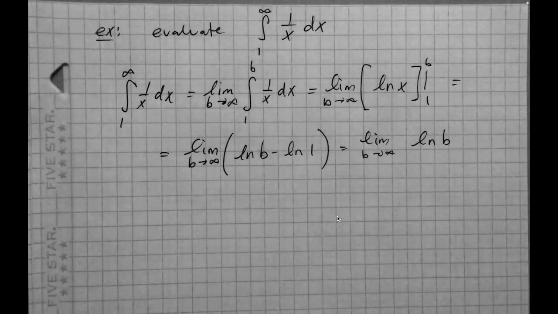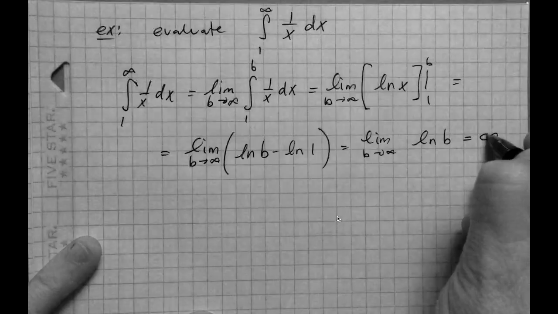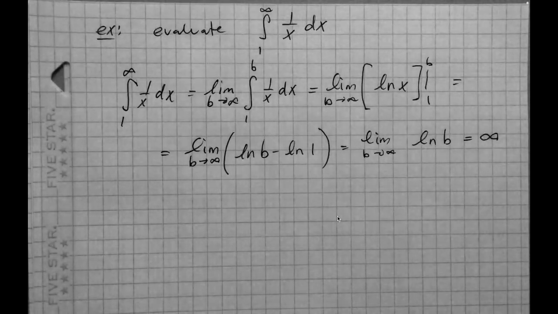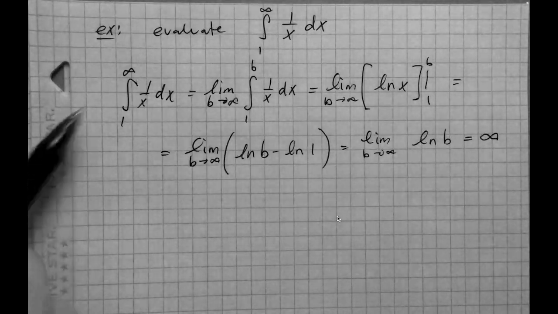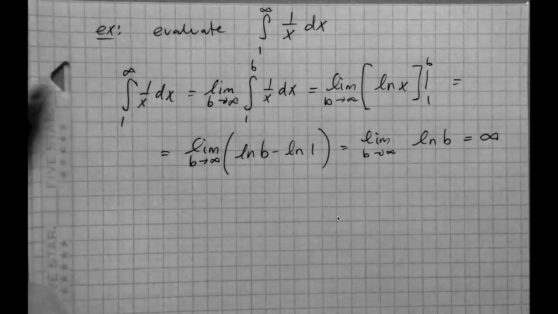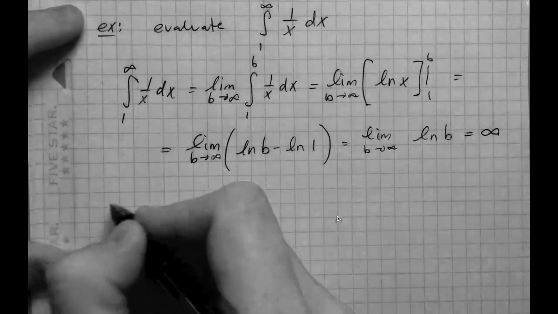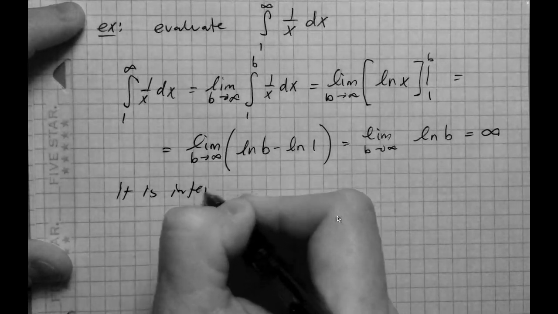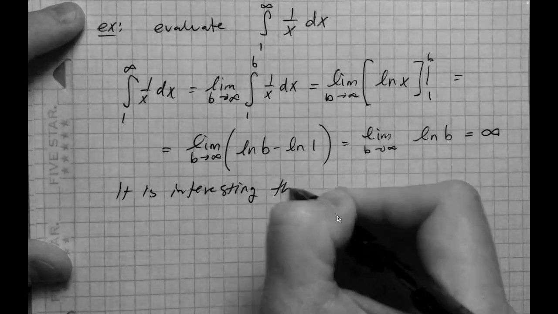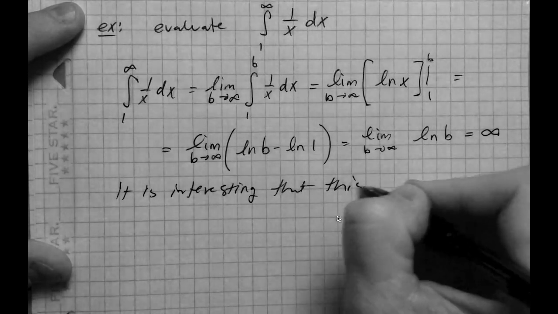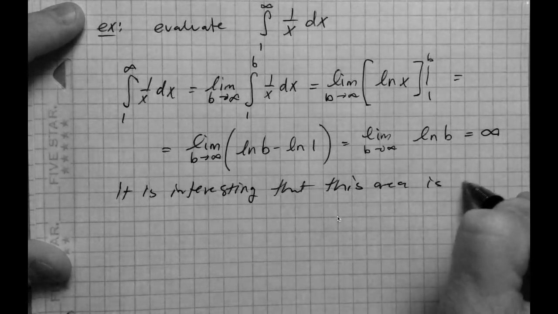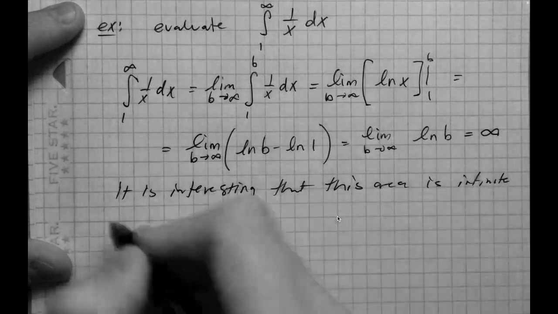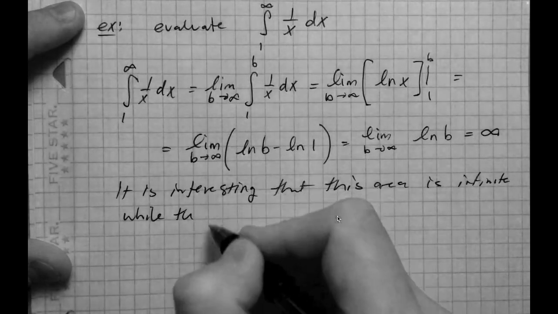Okay, and so we know that the natural log will increase as b increases, and so this is going to be infinite. So in this case, this integral produces an area that is infinite, right? So it's interesting that this area is infinite while the previous example was finite.